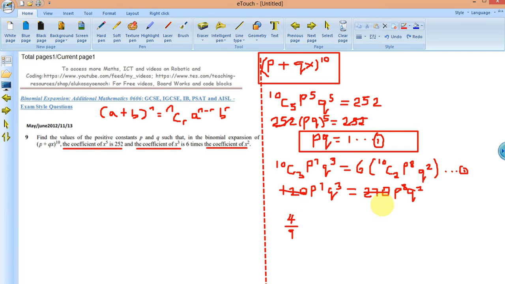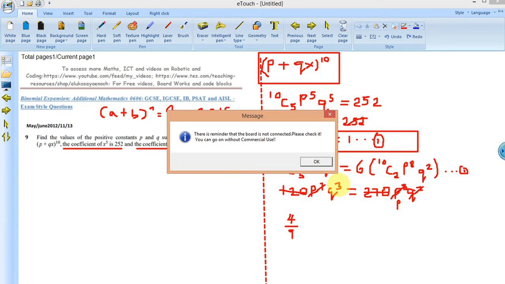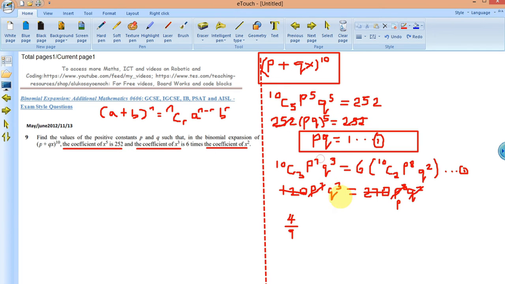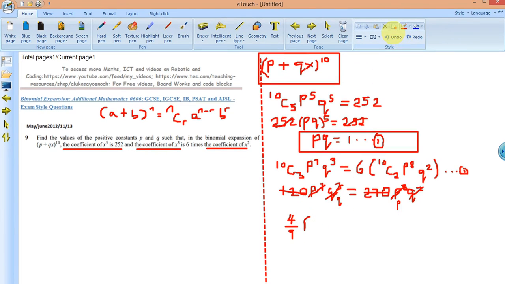I can retain this one. Then this will be p. Can I just cut it? Cut this one. This is p. So I can write this one here, q squared. Then this here will be q. So this is 4 over 9 q.